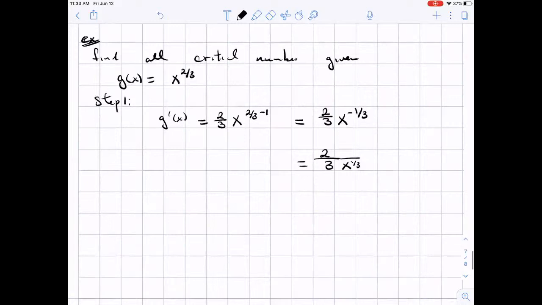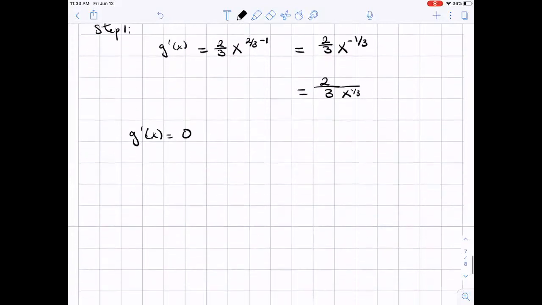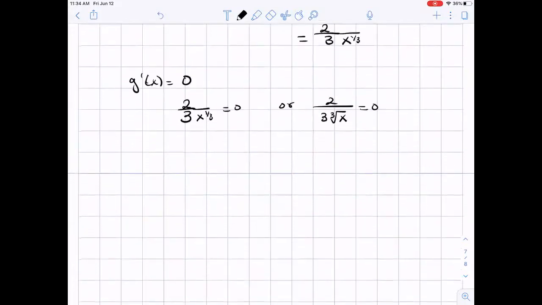Now, if we try to find a critical number now, what is g prime of x equal to 0? So we have 2/3 over x to the 1/3 power equal to 0. Or you can write 2/3 times the cube root of x equals 0. Well, we can solve for x here, probably performing a lot of ways.